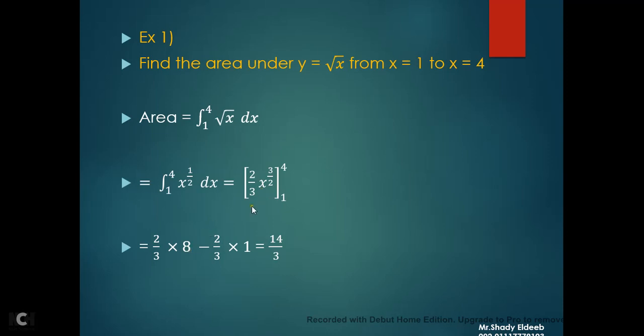And 2 over 3 is here, minus, and we put 1 instead of x, it will be 1^(3/2), which is 1, and the 2 over 3 is here, to get the final answer 14 over 3. And this is the area under y equals square root x from x equals 1 to x equals 4.